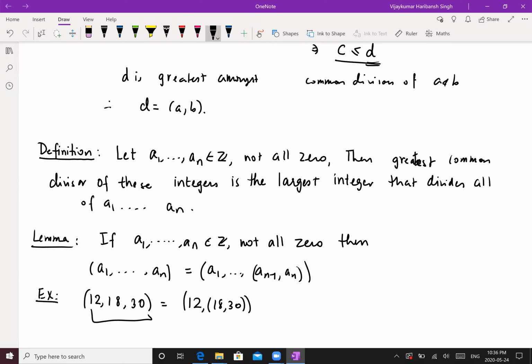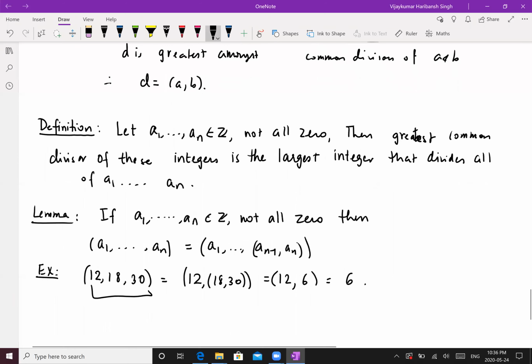What is GCD of 18 and 30? 6 times 3 is 18, 6 times 5 is 30, so this is going to be 6. And GCD of 12 and 6 is 6.